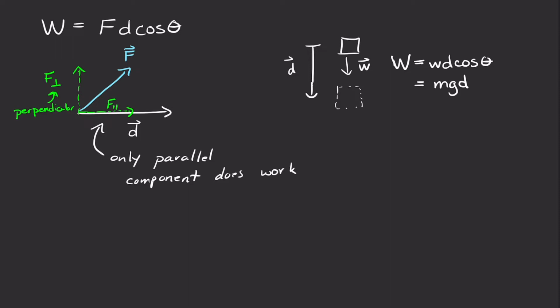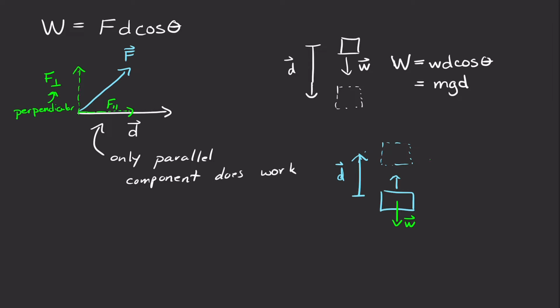Now, if we take this object, but this time we throw it up, so it's moving up, its displacement is now maybe the same, but now it's going in the positive y direction. The weight is still going to be down. So it's moving up, but the weight is going to be down, the displacement is up.